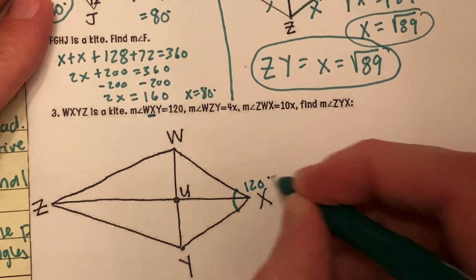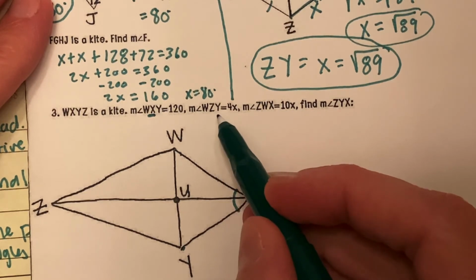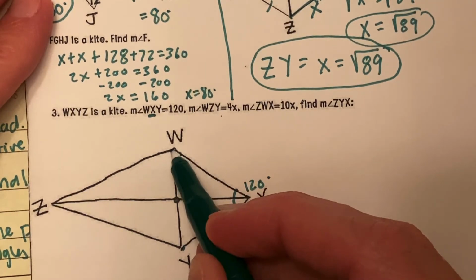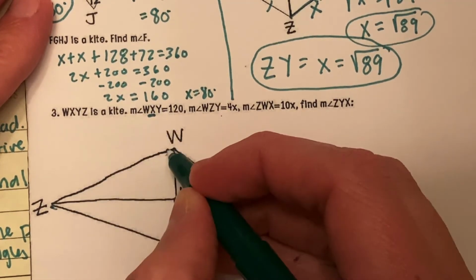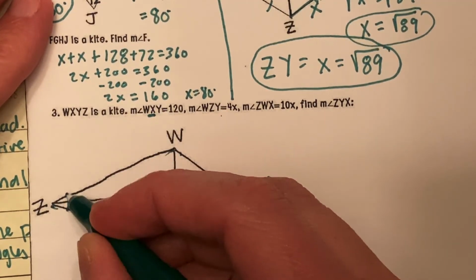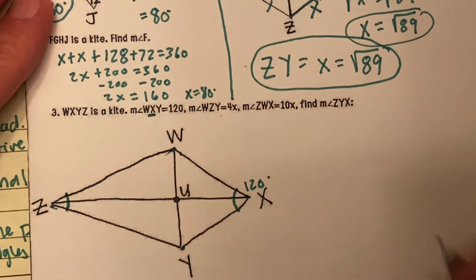I'm just going to write it outside. Okay? WZY, so from W to Z to Y, the whole thing, not just the split in half part, equals 4x.